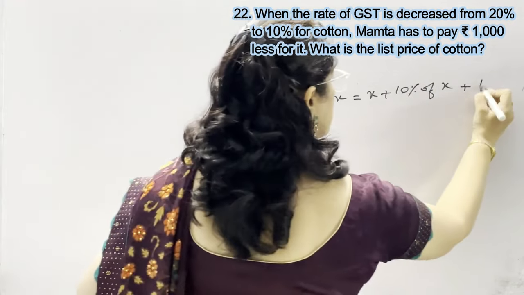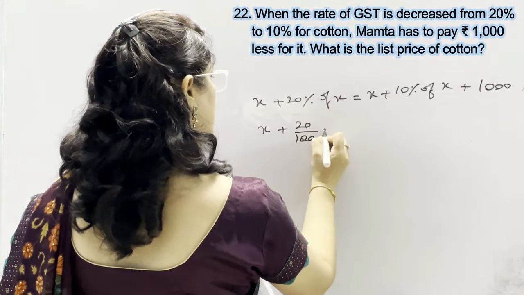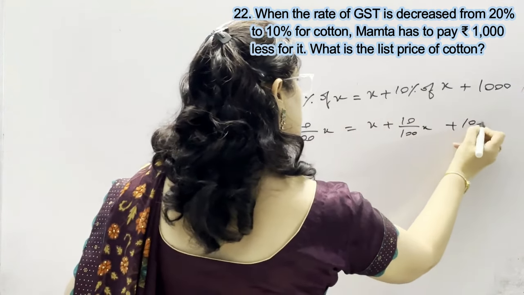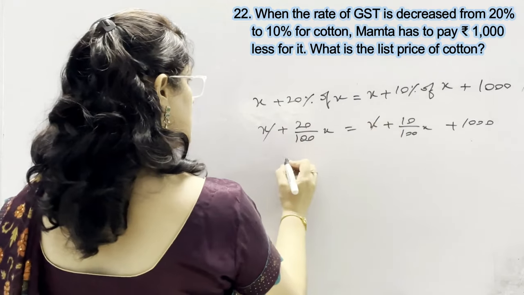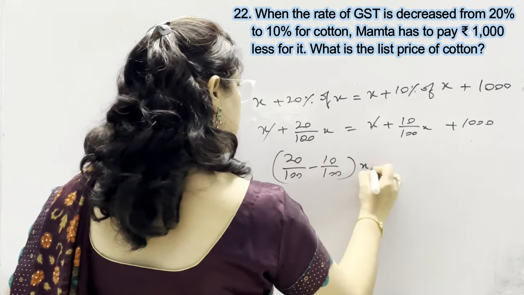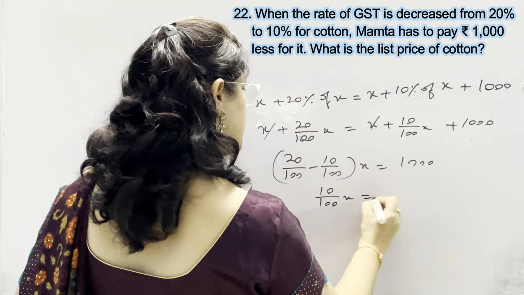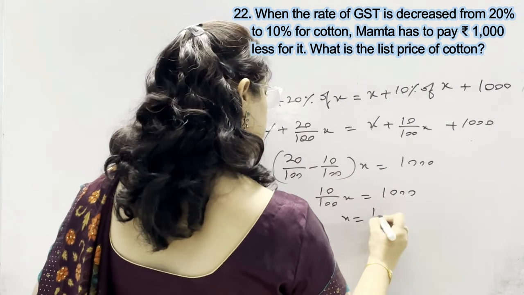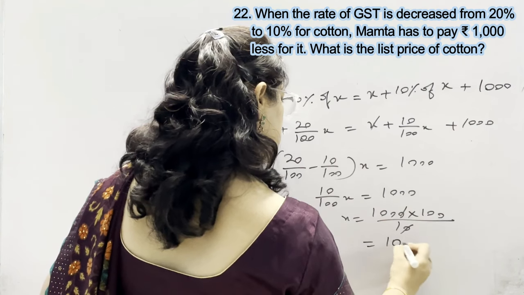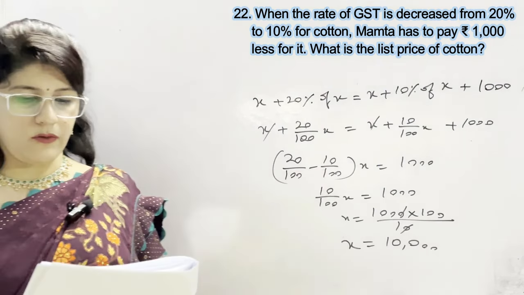Rupees 1000 less. So 1000. After calculation, 20 upon 100 X is equal to X plus 10 upon 100 X plus 1000. After cancellation, 20 upon 100 minus 10 upon 100, X is equal to 1000. So 10 upon 100 X is equal to 1000. X is equal to 1000 into 100 divided by 10. It means 10,000 rupees. So X is equal to 10,000 rupees.